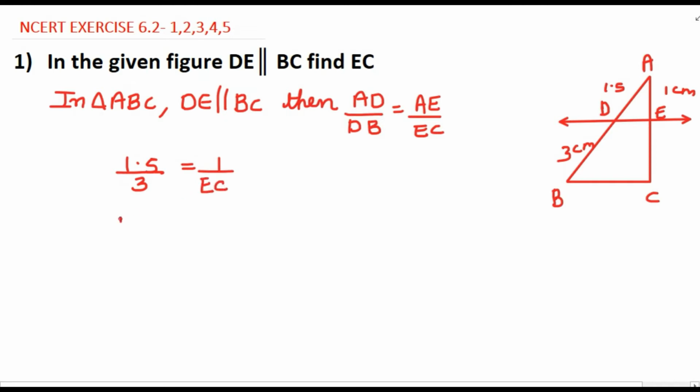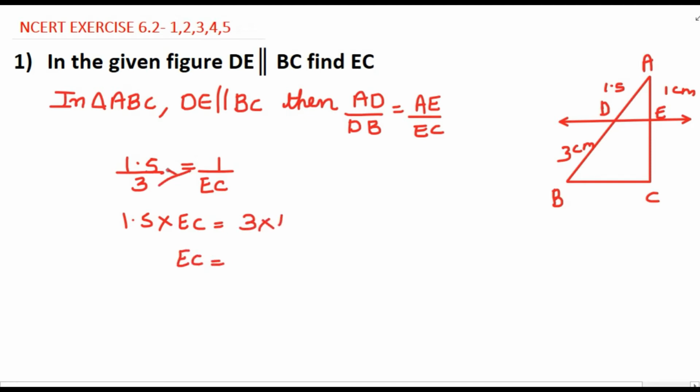So when you cross multiply, 1.5 into EC equal to 3 into 1.